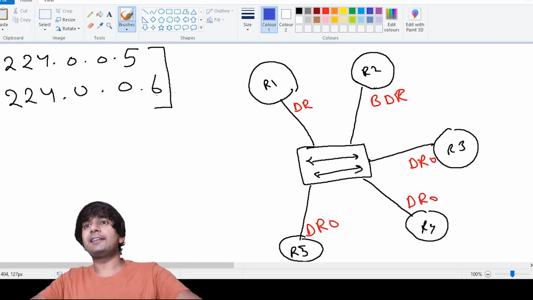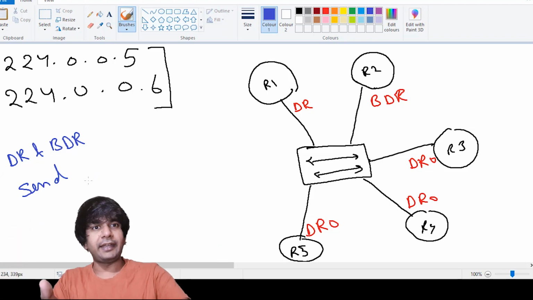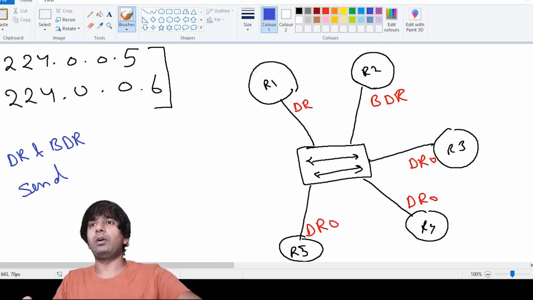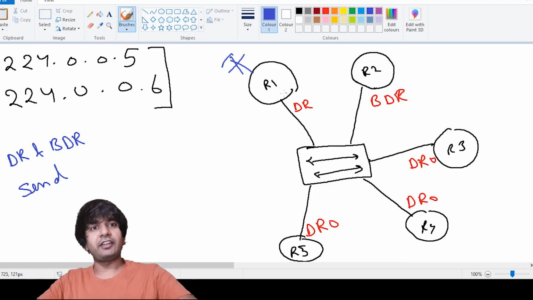For example, I'm talking about sending. Whenever a DR and a BDR send a routing update, for example a triggered update, let's say there is a network and this network is going down, R1, which is a DR, will trigger the routing update.